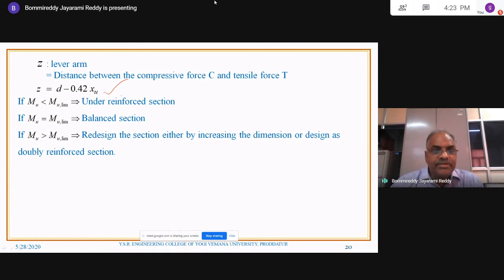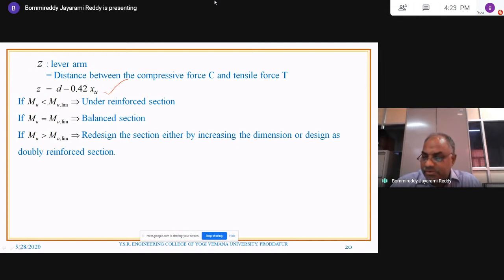And here comparison for identification of the different types of sections is based on the depth of the neutral axis. And sometimes if comparison is with moment of resistance, then you can look at Mu is less than Mu limit. We will see what is Mu limit, etc. Mu limit means limiting moment of resistance.